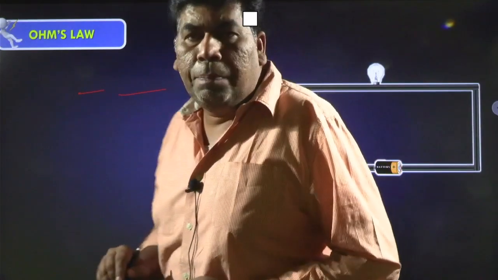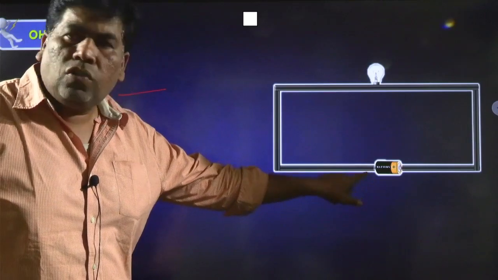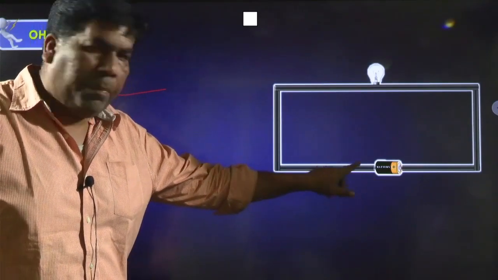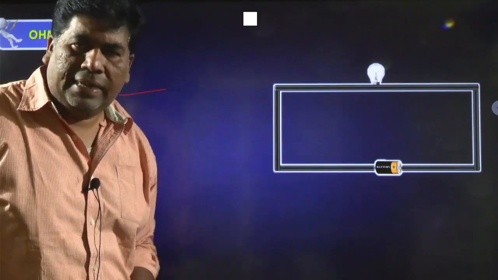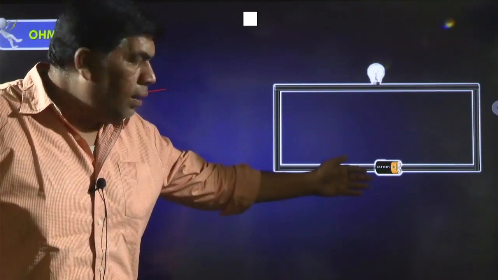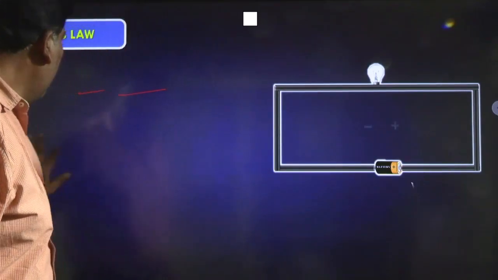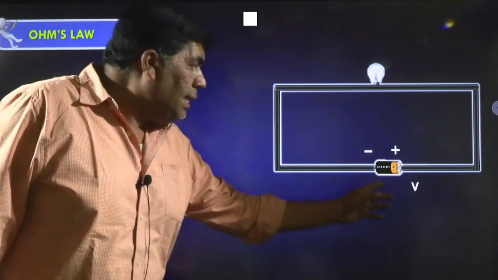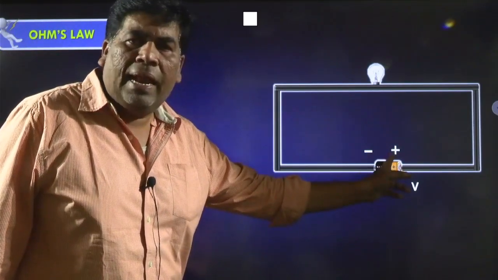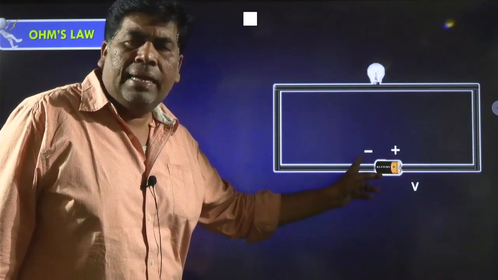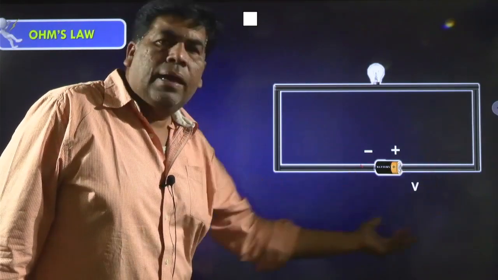If you observe the picture here, you can see a battery, which is a source of electrical supply, and a bulb, which is a conductor of electricity. You know that the battery has two terminals, a positive terminal at one end and a negative terminal at the other end.